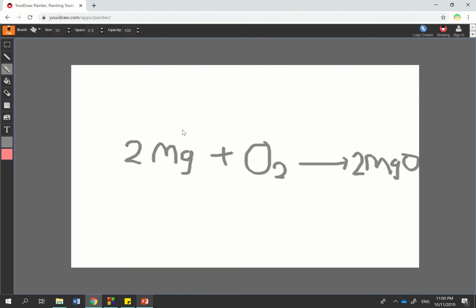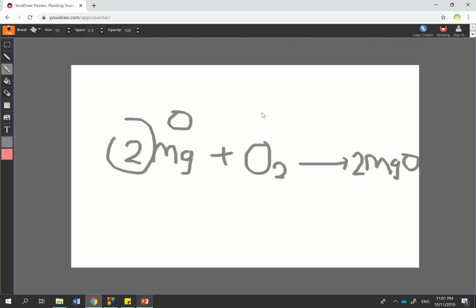That doesn't matter in this case, because when you have a single isolated element by itself, no matter how many numbers are in front, this element is going to be zero. Its oxidation number is going to be zero because it has to stay balanced.